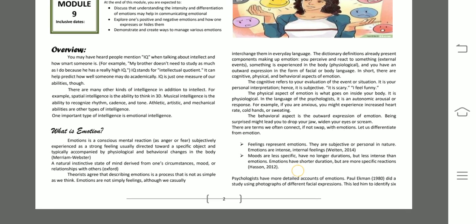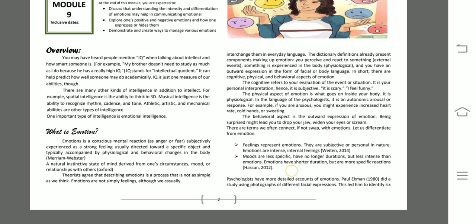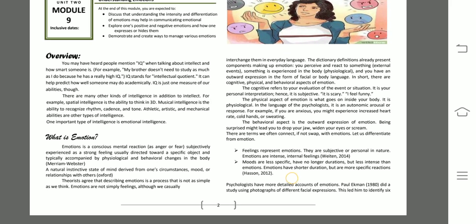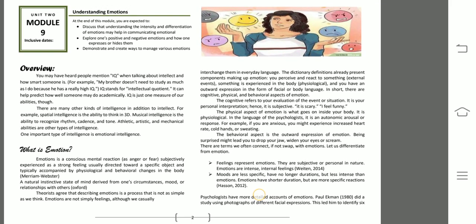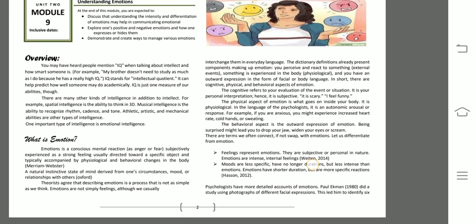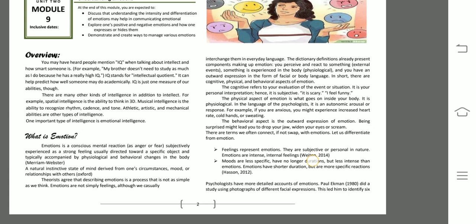Okay? So, some theories agree that describing emotions is a process that is not as simple as we think. Okay? So, kumbaga, may mga theorists na napagkasunduan nila, they agree with one another when it comes to the definitions of emotions, wherein they see it as not simple.